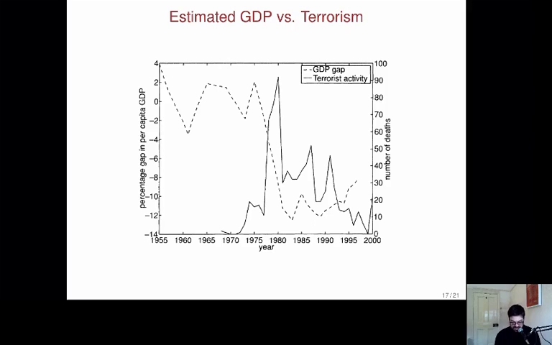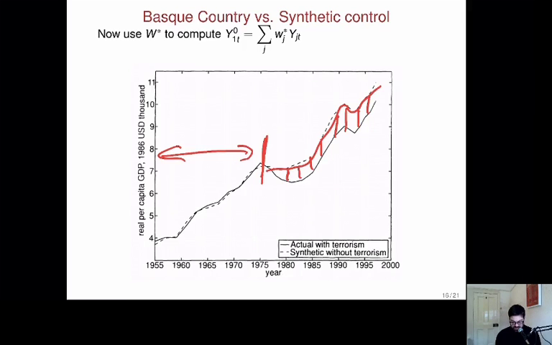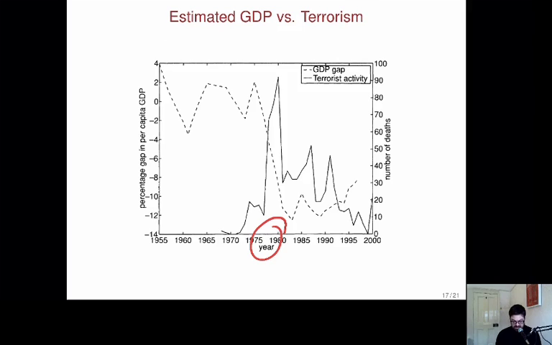And you can see that it goes down around the time in the late 70s. So that's exactly when that gap here on that slide opens up, and then it remains fairly constant. And you can see also that this is the time when there was this uptick in the number of people who died from terrorism.